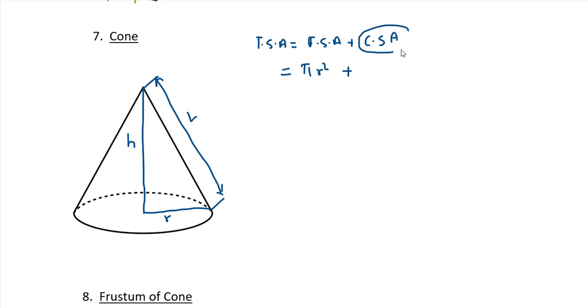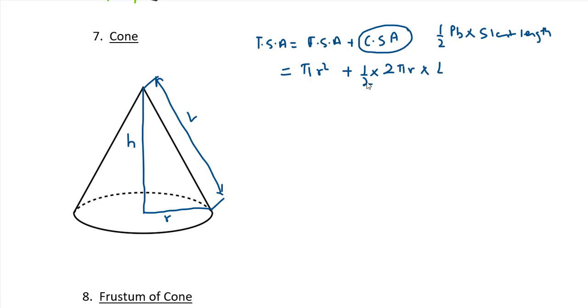The formula for curved surface area that we used in the case of a pyramid was half into perimeter of base into the slant length L. So this will be half into perimeter of base, which will be 2 pi r, since the perimeter of the circle is 2 pi r, into the slant length L.